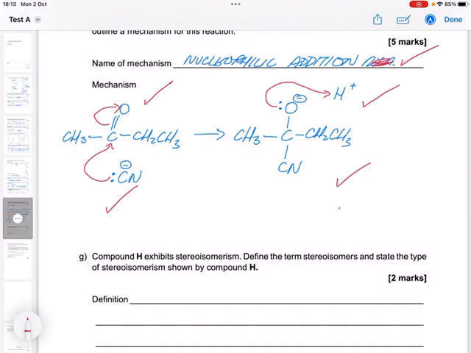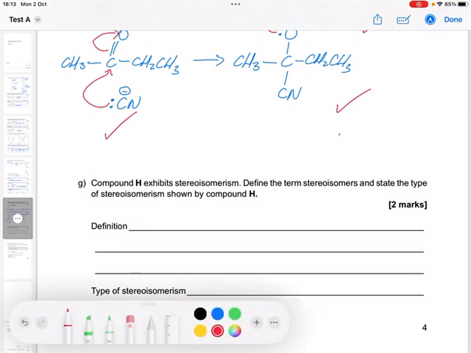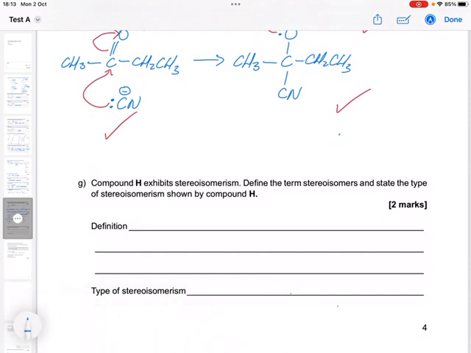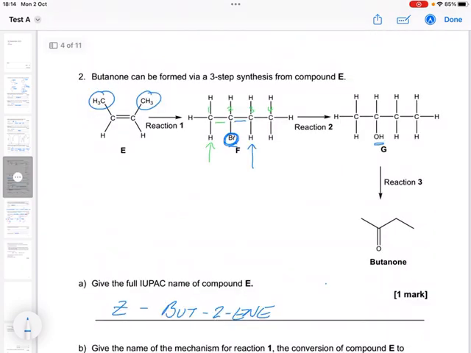Okay, and then compound H exists as stereoisomers. Define the term stereoisomers and state the type of stereoisomerism shown by compound H. So compound H then, this is optical isomerism, because I have 1, 2, and then the OH that will go there, 3, 4 different groups.